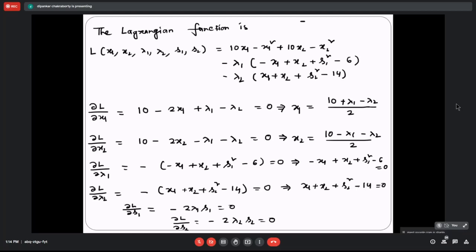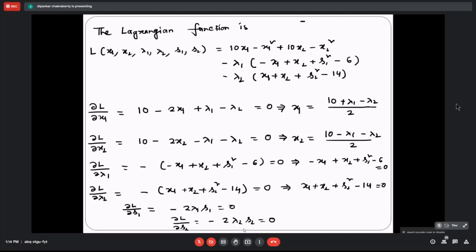This is another equation. Now, from the last two relations, you cannot find out much because when lambda 1 into s1 is equal to 0, you can say either lambda 1 is 0 or s1 is 0 or both can be 0. Similarly, for lambda 2 s2, lambda 2 equal to 0 or s2 equal to 0 or both can be 0.